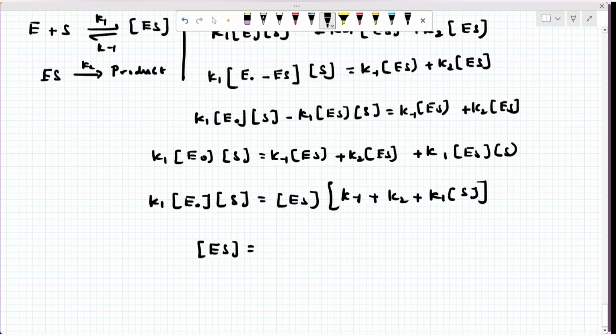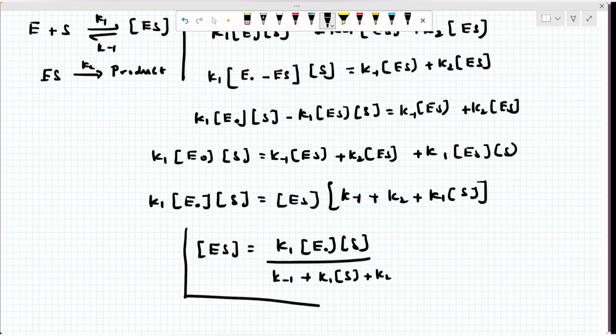ES equals K1 E naught S divided by K inverse plus K1 S plus K2. Right? This is the active species concentration. I just applied SSA to find the active intermediate concentration.